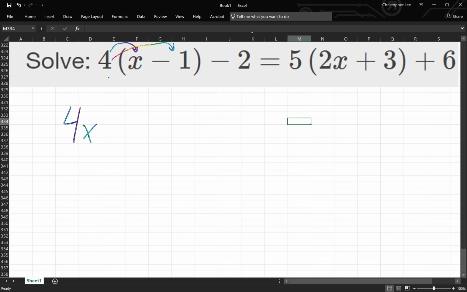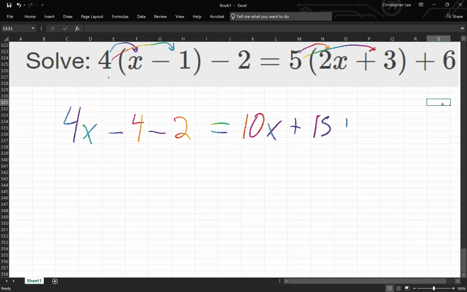I have 4x minus 1 is minus 2. Oh, excuse me. Spoke too soon. 4x minus 4 minus 2 is equal to, what should I do next? Good, right? Distribute the 5. All right, so 10x, very good. Plus 15, plus 6. All right, what should I do after this now?